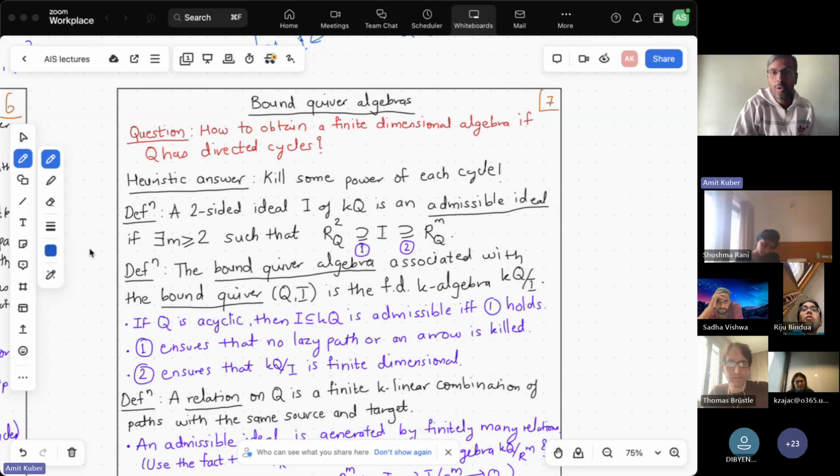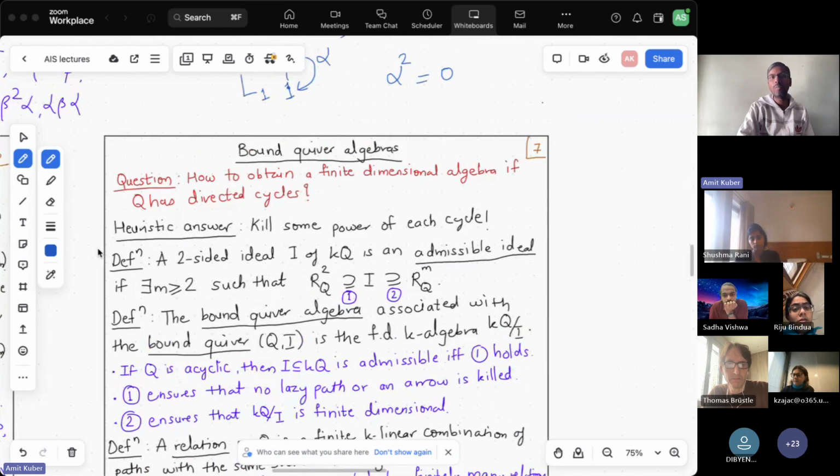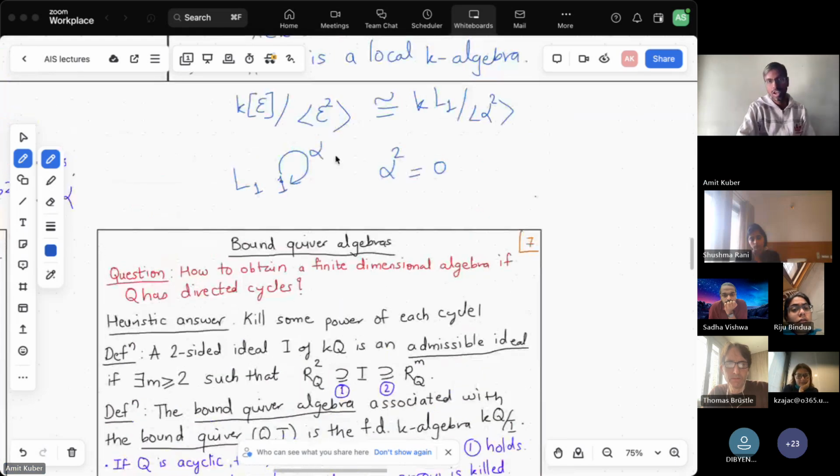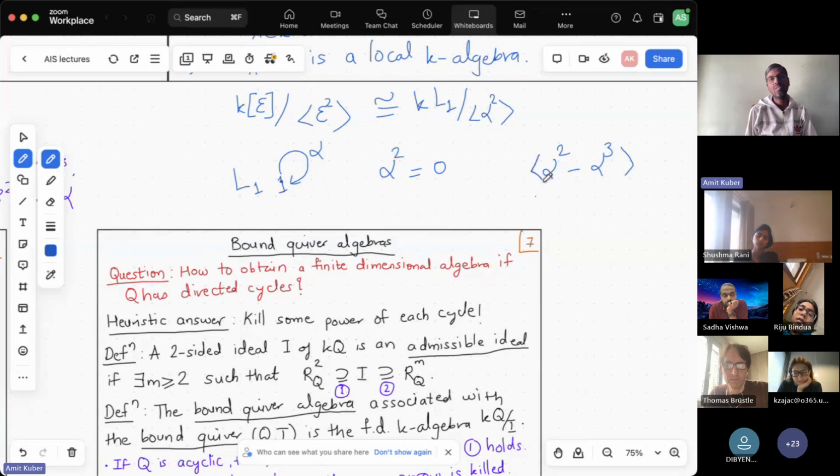So how do we describe this ideal? We have to describe it using certain relations between paths. For example, as I already described, I can decide to kill off some power of some path, or I can also have something like alpha square is the same as alpha cube, and I can quotient out KL1 by this.